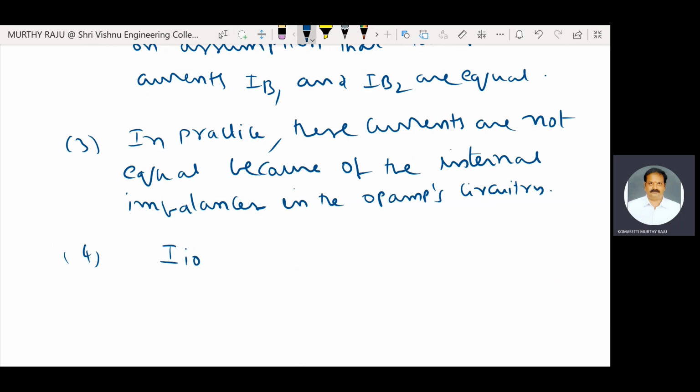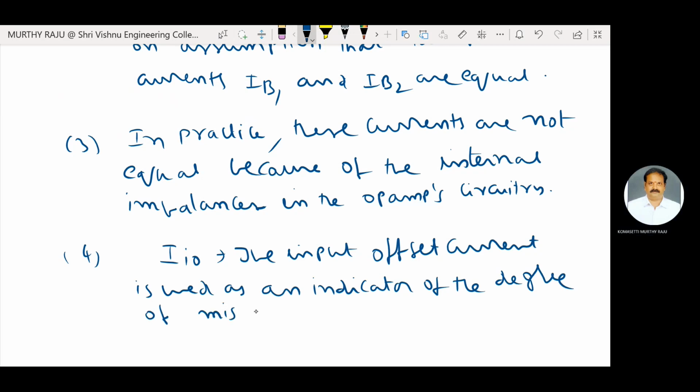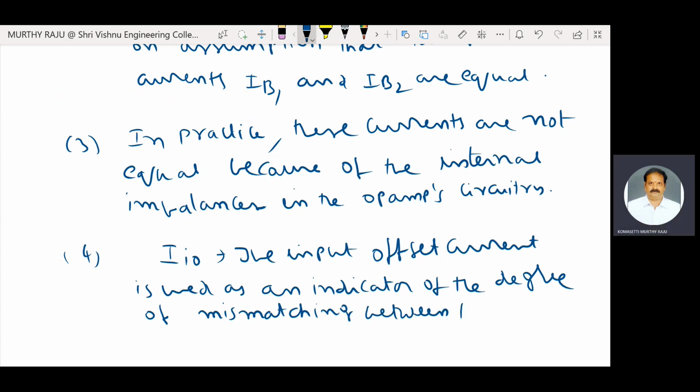The input offset current IIO is used as an indicator of the degree of mismatch between these two currents.